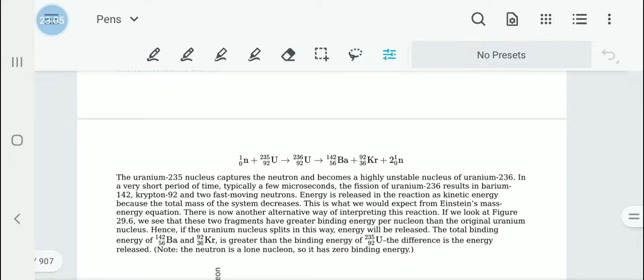The barium and krypton products would have more binding energy than uranium-235 because energy has been released.